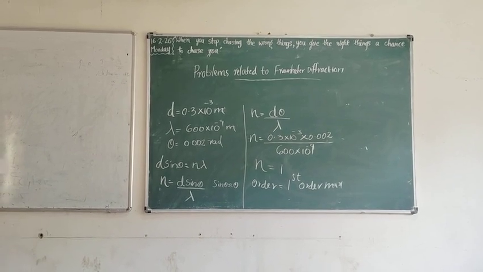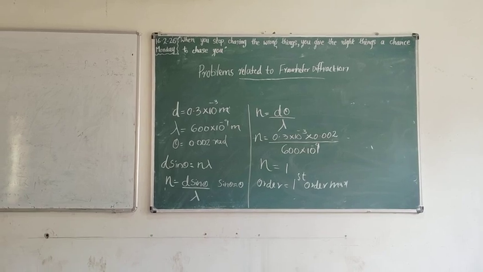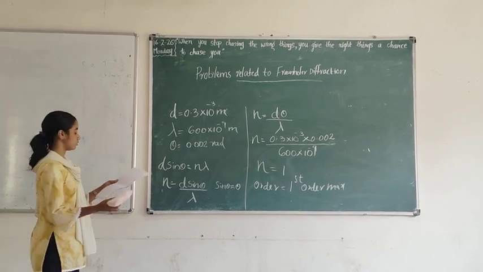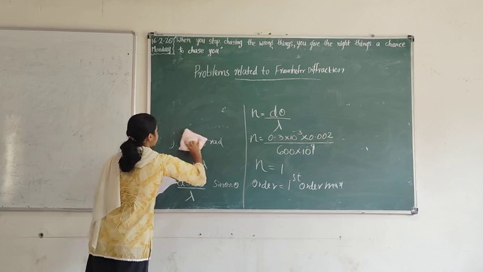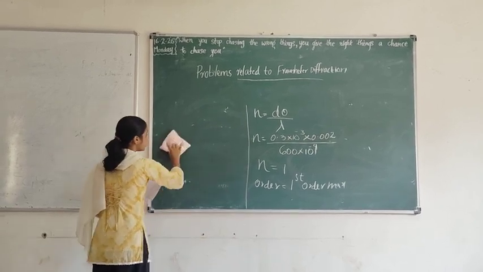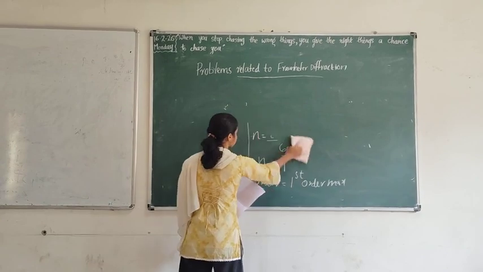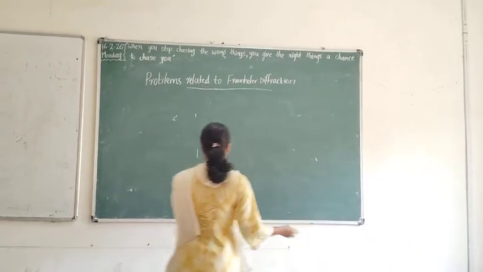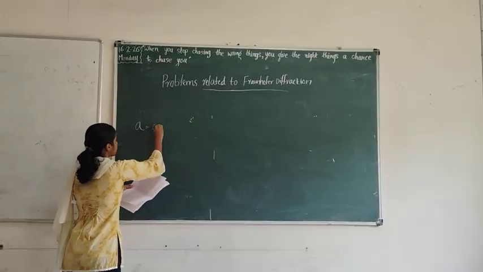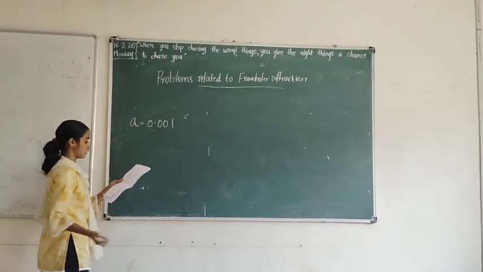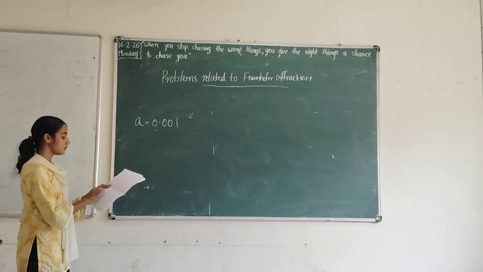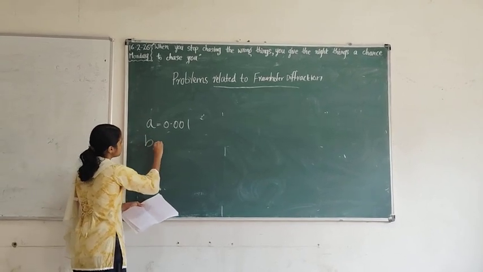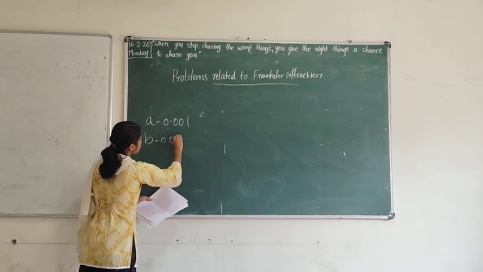Then we are moving to the final problem. That is, consider a grating of width 5 cm with slit width a equal to 0.001, separated by a distance of 0.002 meter, that is, b is equal to 0.002.